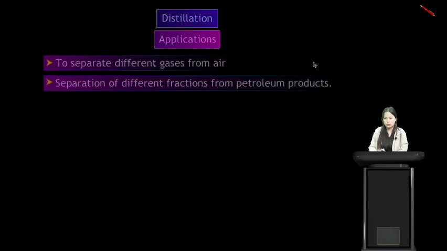Then the other method that we discussed is centrifugation. In centrifugation, the example we discussed is separating cream from milk. In centrifugation the denser particles are forced to settle at the bottom and the lighter particles stay at the top, and that is how we separate skim milk and cream by this method.